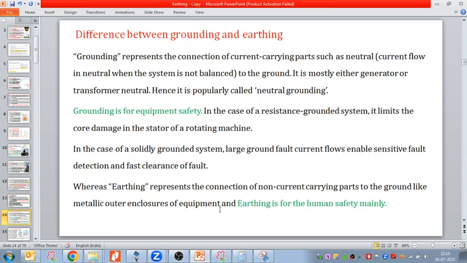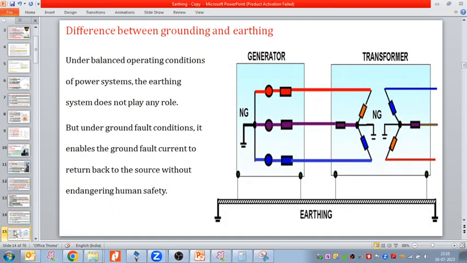So outer enclosure of equipment, and the earthing is done mainly for human safety. Let us see one example. Under balanced operating condition of the power system, the earthing system does not play any role. When your system is balanced, earthing doesn't have any role. But under ground fault condition, it enables the ground fault current to return back to the source via neutral without endangering human safety.